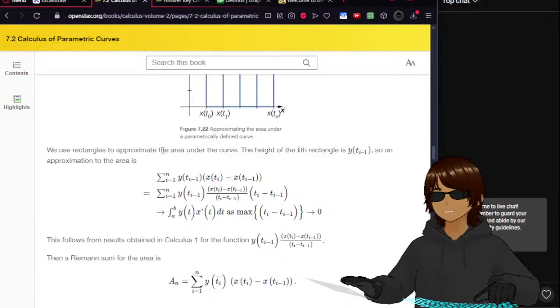We use rectangles to approximate the area under the curve. The height of the ith rectangle is y of t(i minus 1).